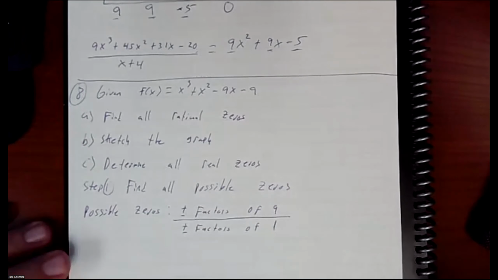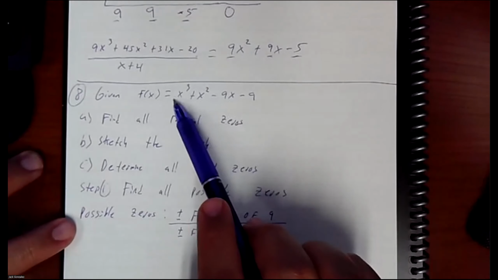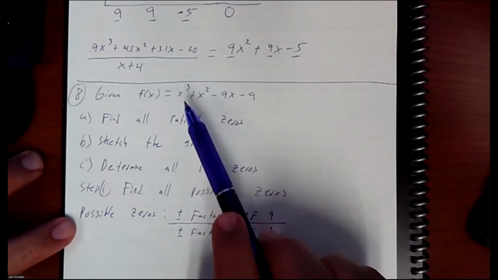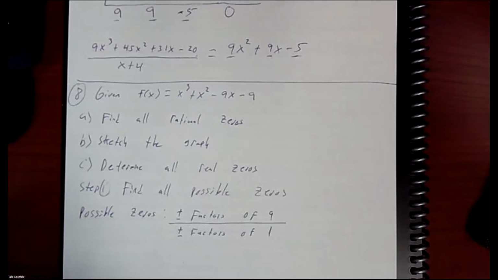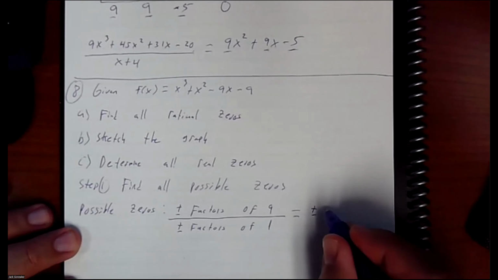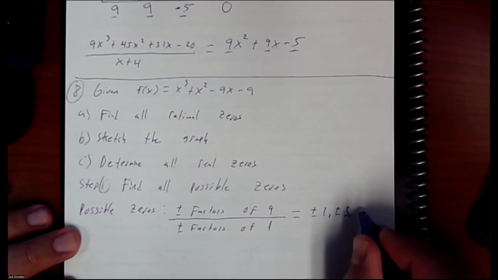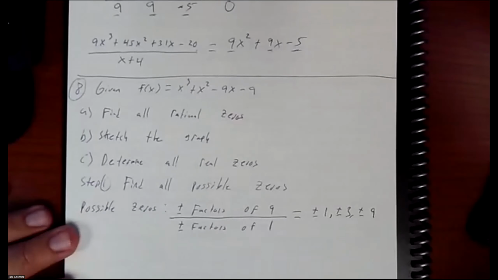So you look at the constant term, and the leading coefficient, meaning the number on the highest power, which is a 1. So our possible zeros will be plus or minus 1, plus or minus 3, plus or minus 9.